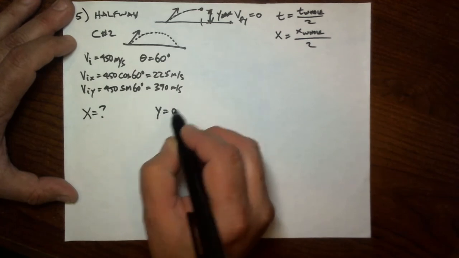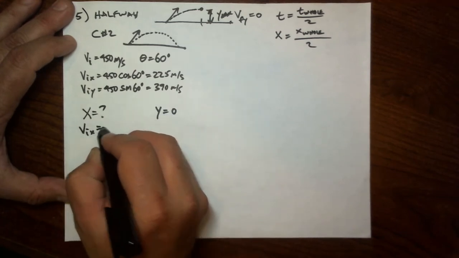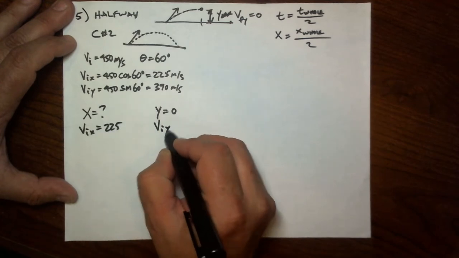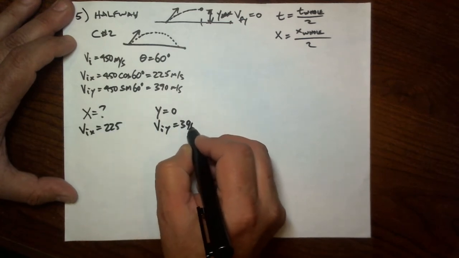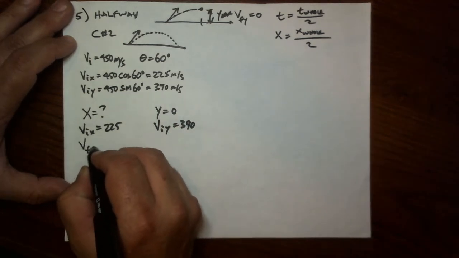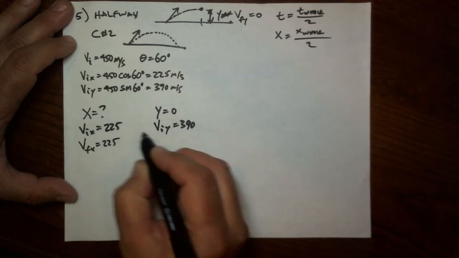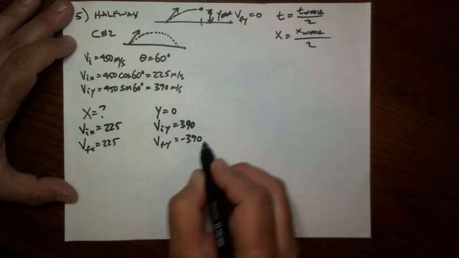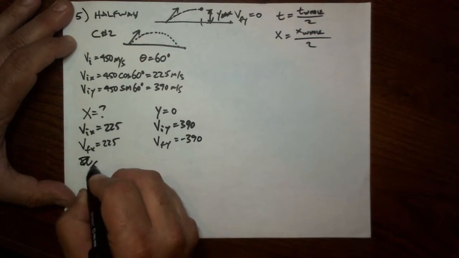So for the whole problem, if we fill out the list of knowns and unknowns, x will be unknown, y will be 0, VIX will be 225, VIY will be 390. Did I say 360? Wow, I think I misspoke. VFX will still be 225. VFY, well, it'll be minus 390. And AX will be 0.